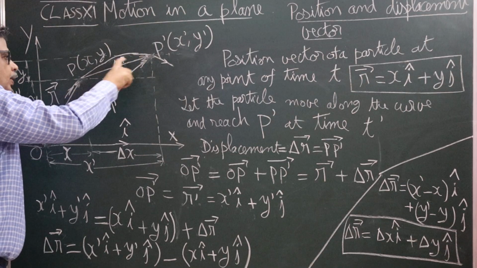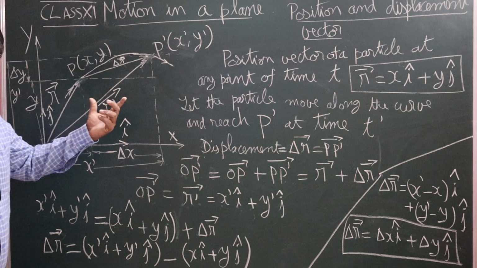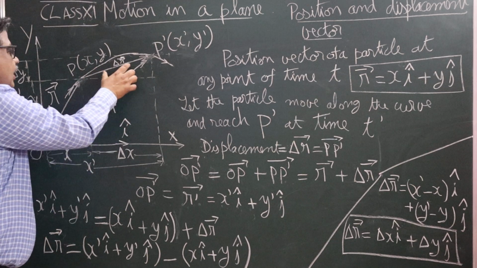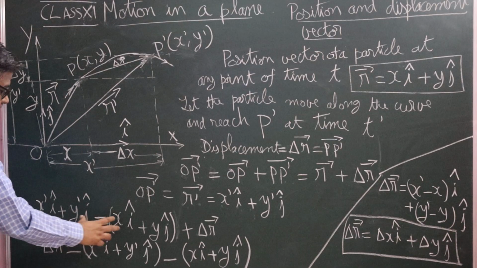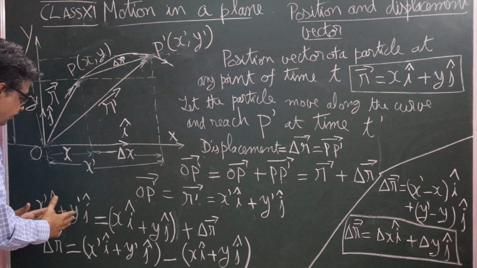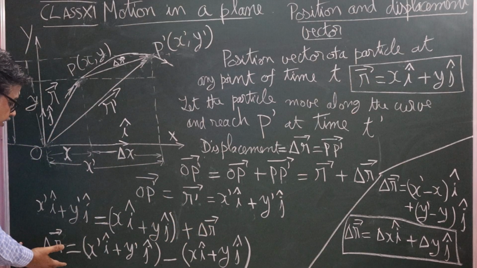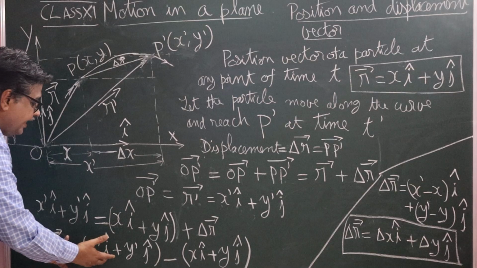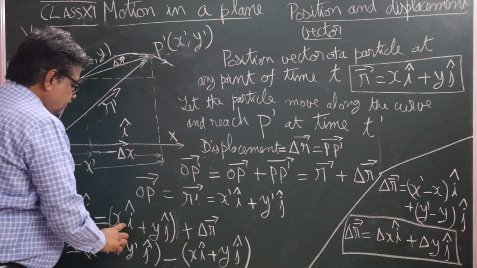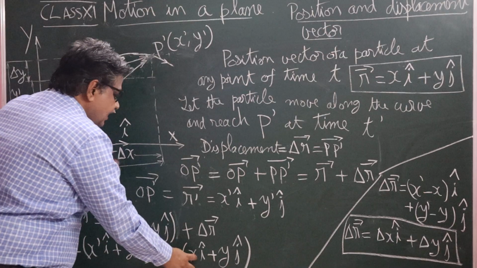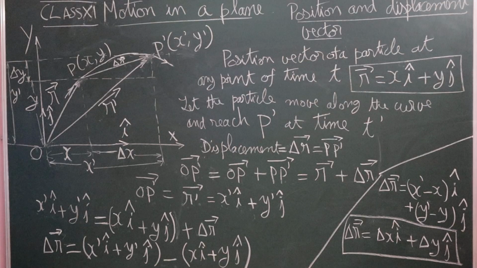Therefore, del r vector equals x dash I cap plus y dash j cap minus x I cap plus y j cap.